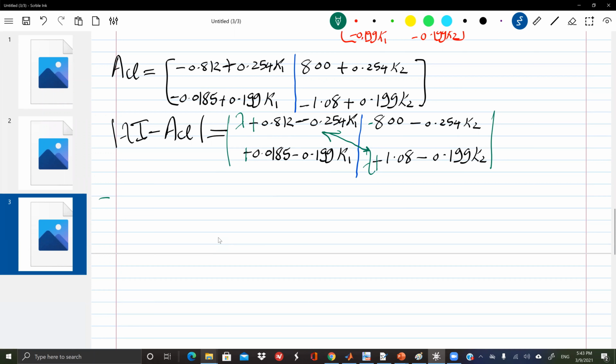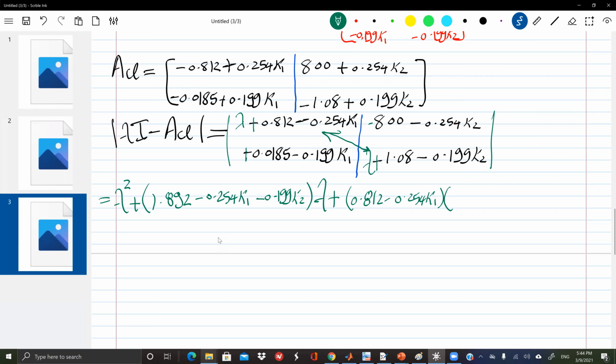So this is lambda squared plus 1.8, actually 92 minus 0.254 K1 minus 99 K2. This is all multiplying lambda, plus some free term, which is 812 K1 times this guy as a whole, 1.08 minus 0.199 K2.